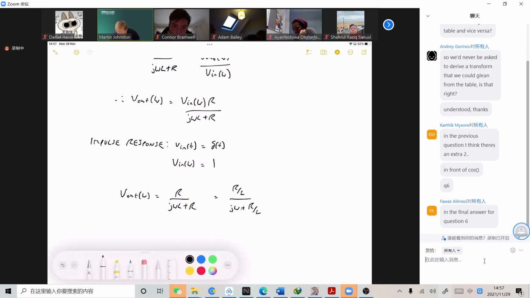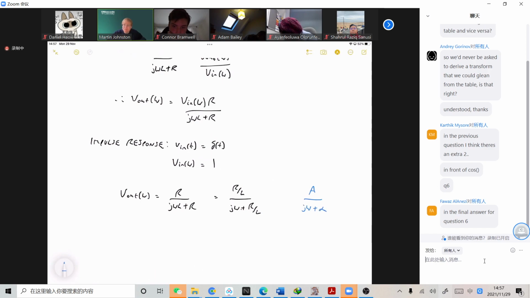In fact, it looks like this one, from the table. And we know that the inverse Fourier transform of that is the decaying exponential.